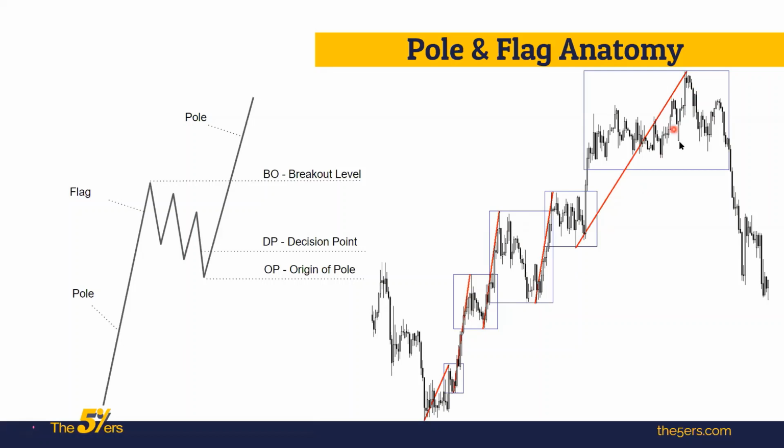And here we can see that there is an incomplete flag, and price after that is making some sort of reversal. Okay, so this is how flag and pole anatomy looks. And the key levels that we are looking for are breakout levels, the origin of the pole, and the decision point.